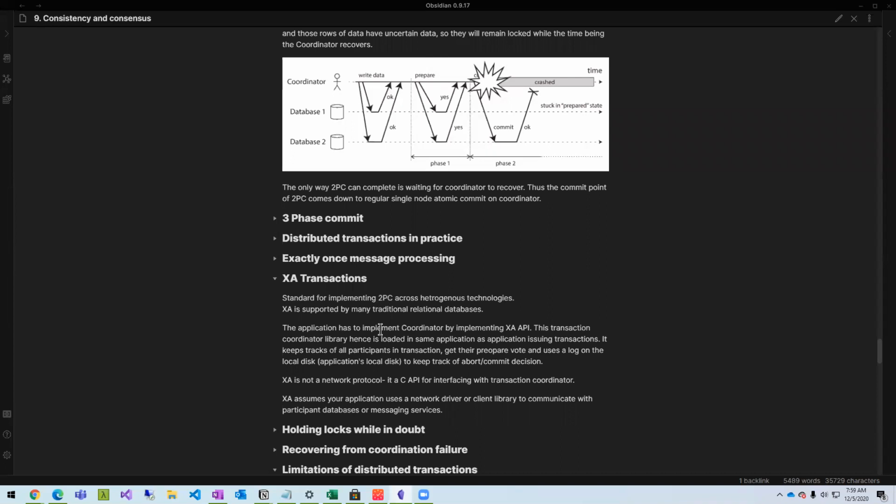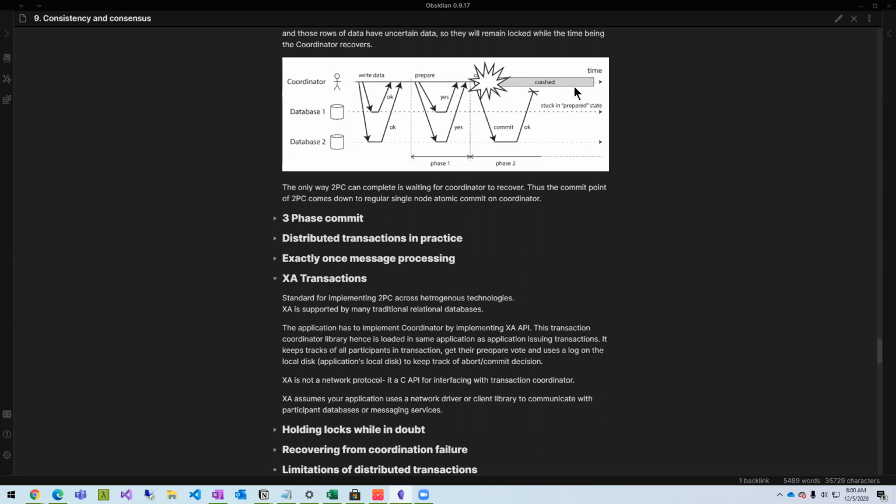So basically, this XA is supported by many relational databases. What happens is the database will expose this XA API, and the responsibility of the coordinator lies in the application. The database will reply yes or no to prepare and commit, but the part of the coordinator will lie in the application.